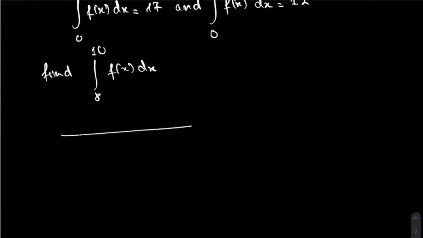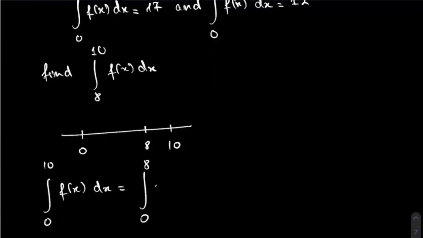So if you look at the interval here from 0 to 10, with 8 in between, the integral from 0 to 10 of f of x dx is equal to the definite integral from 0 to 8 of f of x dx plus the definite integral from 8 to 10 of f of x dx.